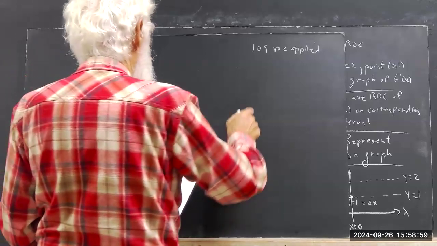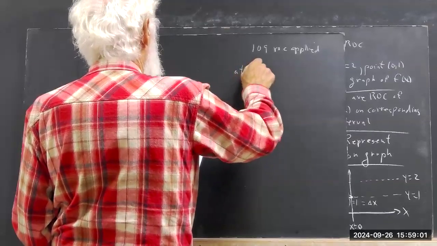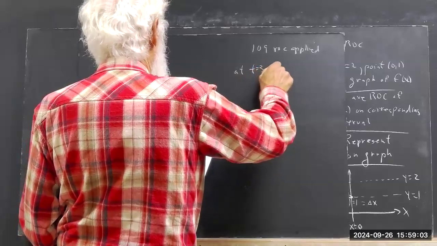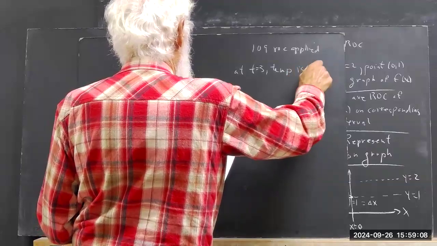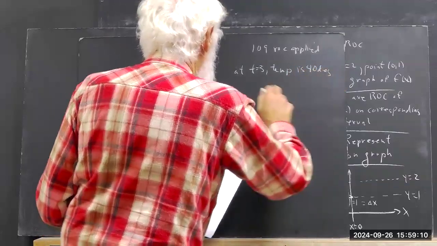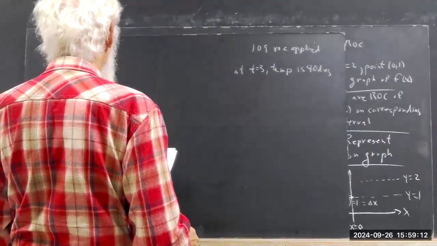The temperature, when t equals 3, the temperature is 40 degrees.